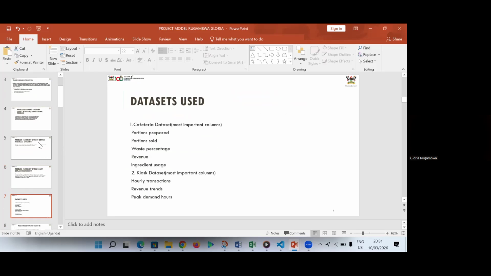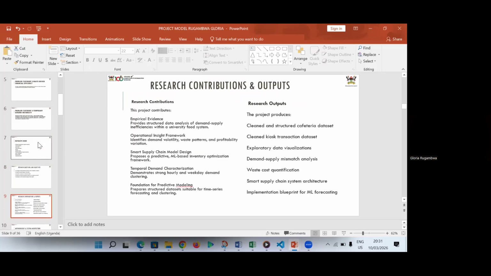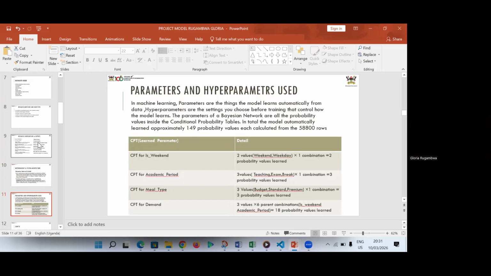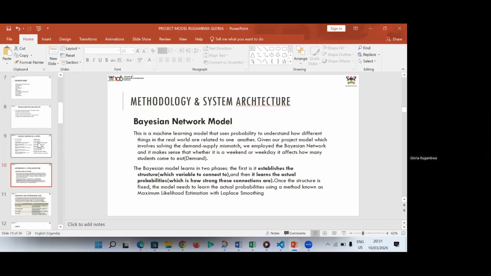With that said, let me now move to the models we used. First and foremost, the first model I applied in this project was the Bayesian network model. What is this Bayesian network model about?